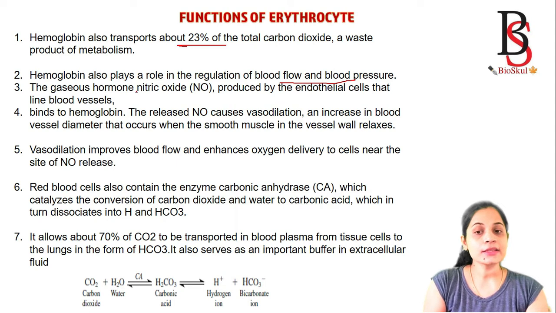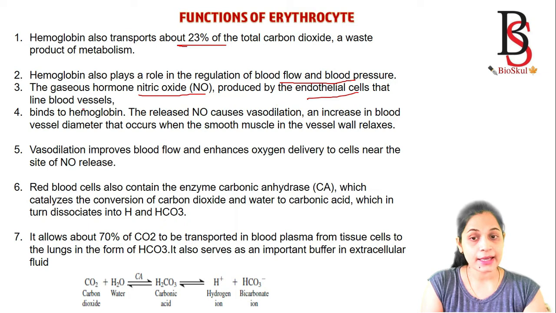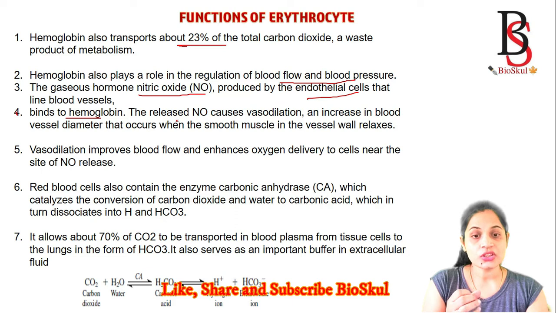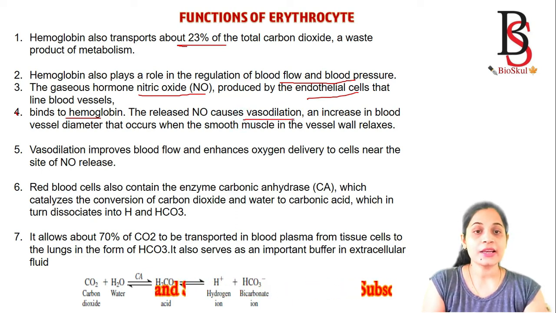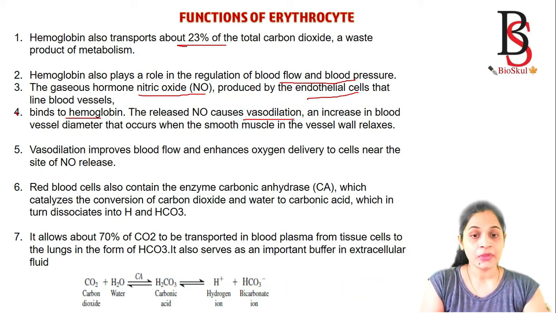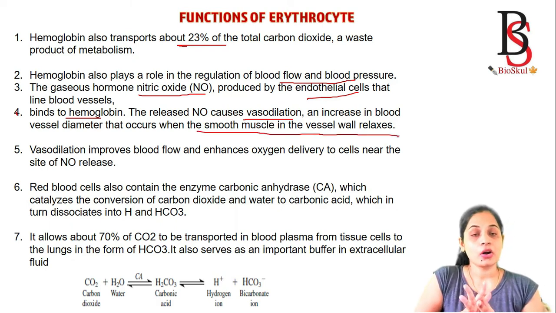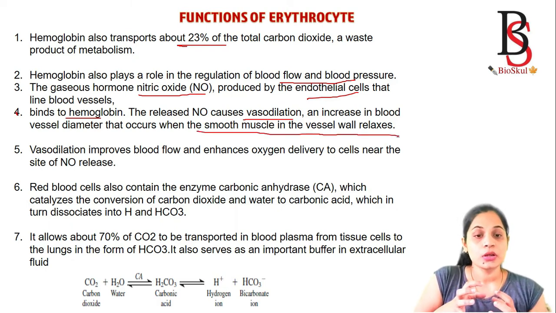You know, the gaseous hormone known as nitric oxide, which is produced by the endothelial cell lining of the blood vessel, binds to hemoglobin. So the released nitric oxide causes vasodilation. Okay, it's called the dilation of the blood vessel, and that increases the blood vessel diameter that occurs when the smooth muscle in the vessel wall relaxes.